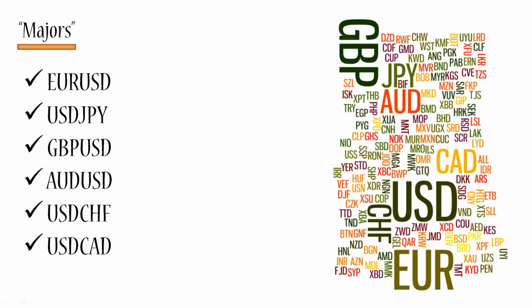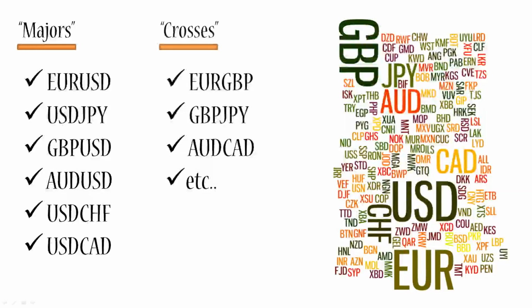And also the second group is the crosses. Crosses are simply put all currency pairs that do not include the American dollar, such as the Euro British pound, yen, Australian dollar, Canadian dollar, and so on. And of course, there are also all other currency pairs.